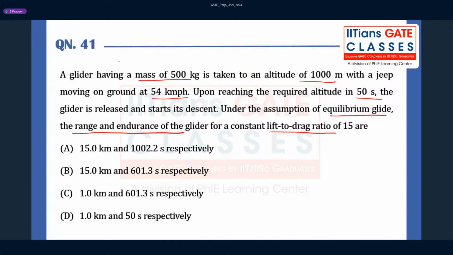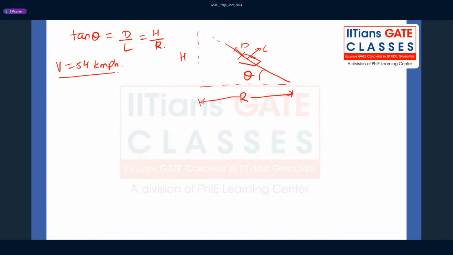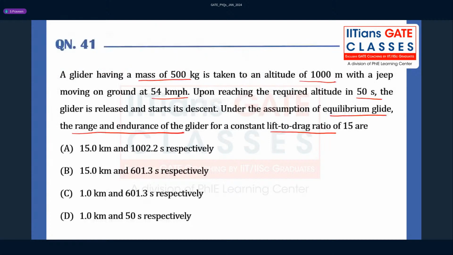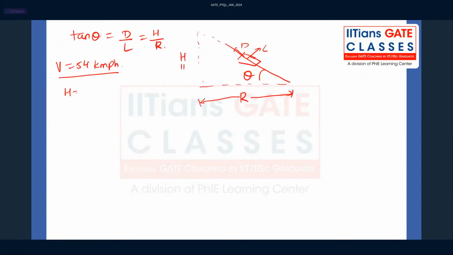If you convert that, you don't have to convert this, you can just leave it as such. So let's keep it aside. This height is given as 1,000 meter. And what will be my distance?